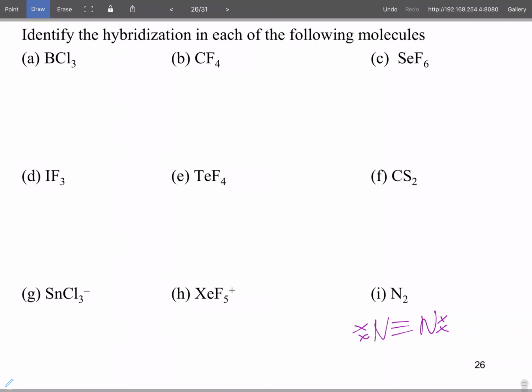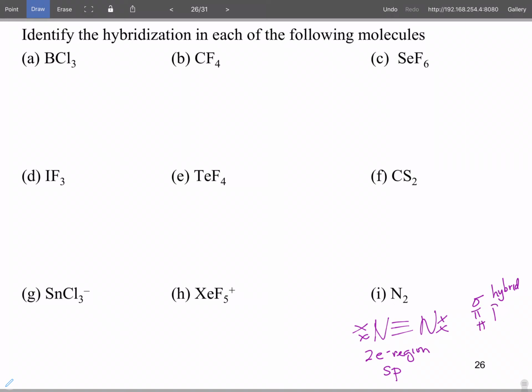And so if you'll notice, we have 2 electron regions around each nitrogen. So that means it's sp hybridized, because you get 2 sp orbitals. And because the other thing is we have a triple bond, which, remember, consists of 1 sigma, which is hybridized, and 2 pi's.